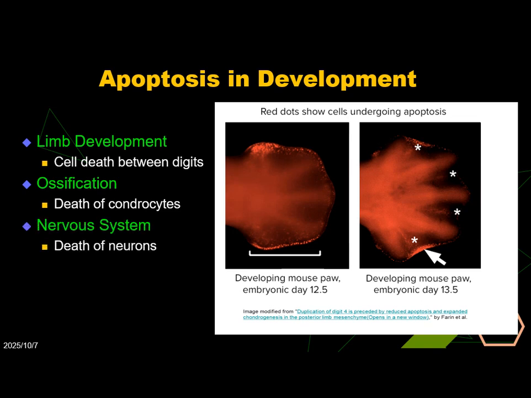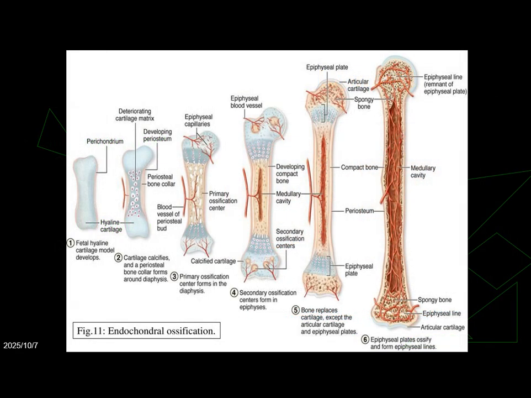Otherwise, we talk about the death of neuronal cells. So this is your bone, that's your young bone. It has a lot of lacunae of chondrocytes. This is the lacuna of your chondrocyte.